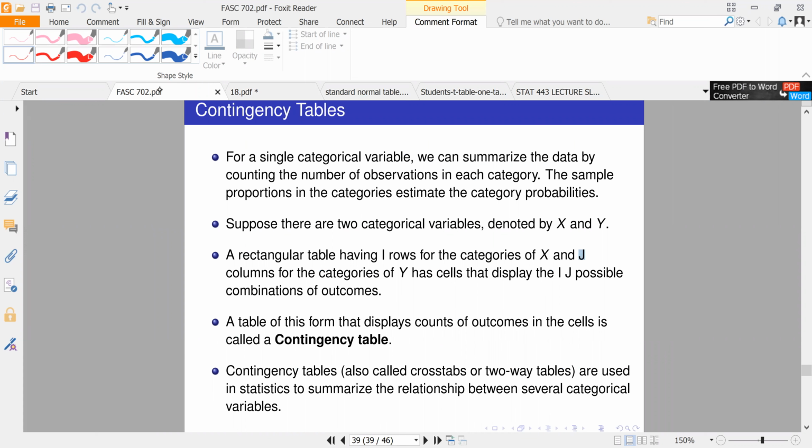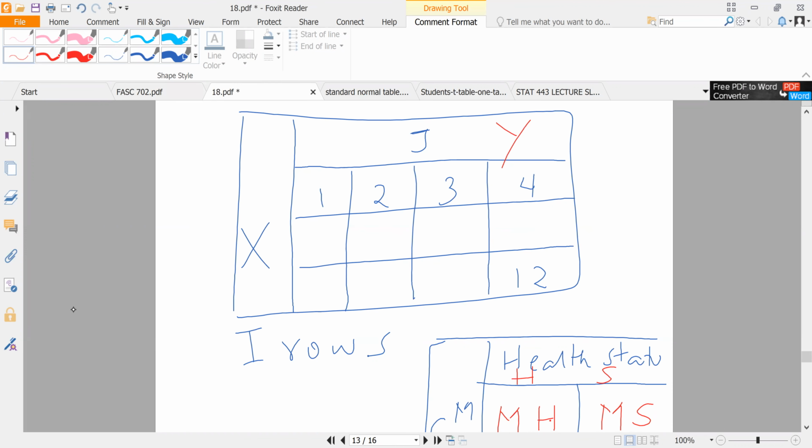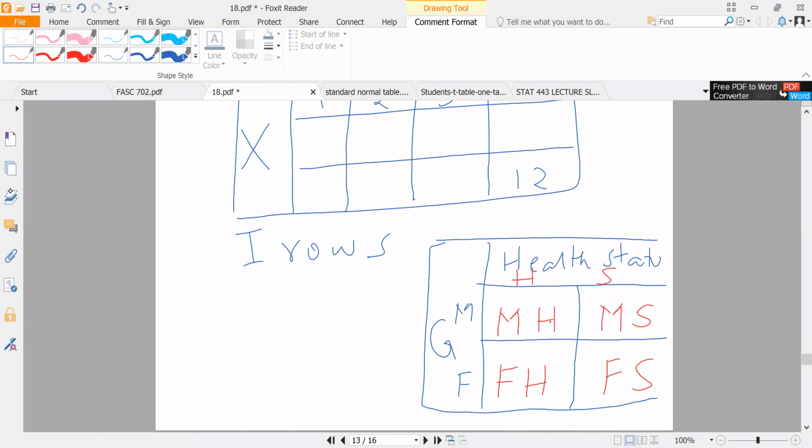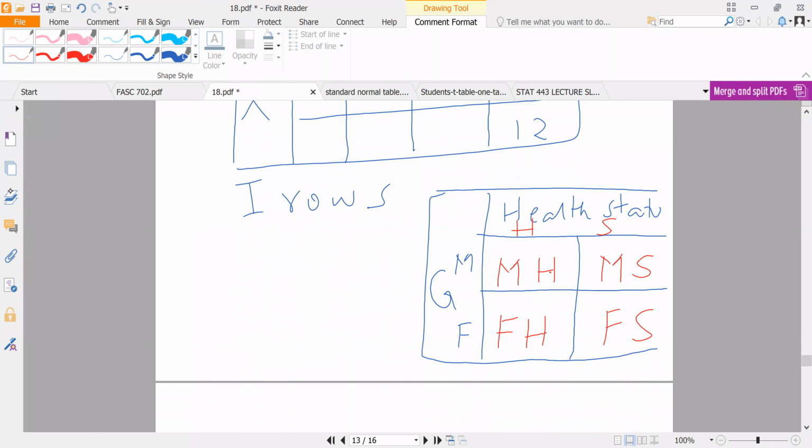That means that once you are able to collect all the information from the units in your sample, you'll know the specific number of males who are healthy, the specific number of males who are sick, the specific number of females who are healthy, and the specific number of females who are sick.